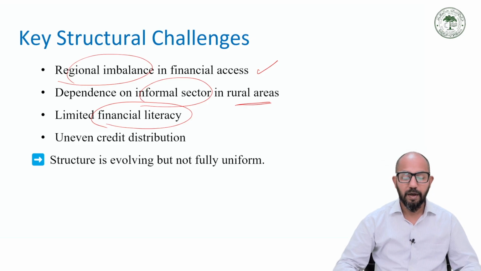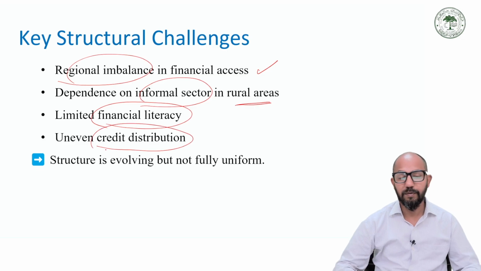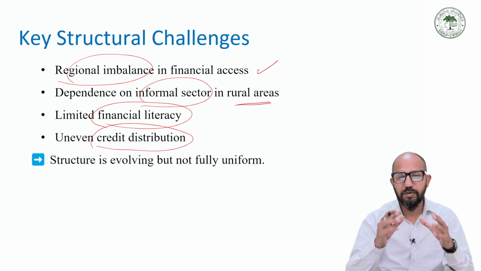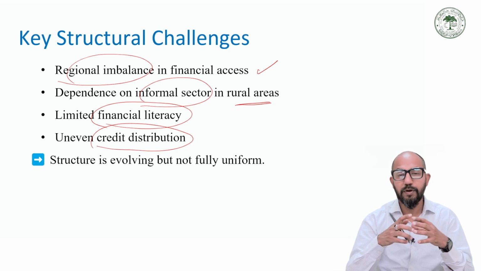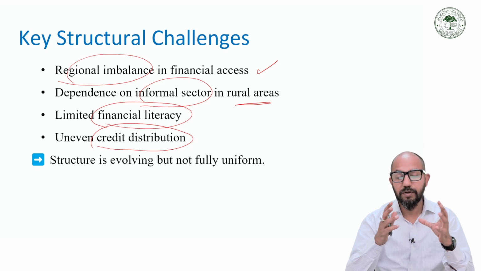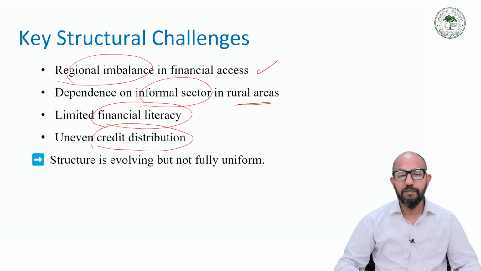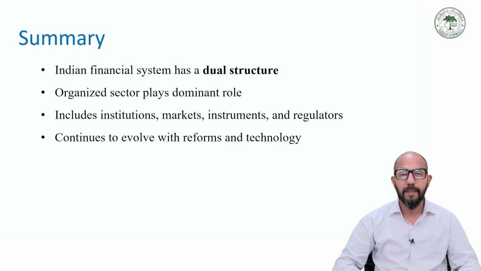Another important challenge is uneven credit distribution. All these key structural challenges are very important to be looked at for the good future of the Indian financial system. But remember that the structure of the Indian financial system is evolving and not fully uniform, neither is it static because it works according to time and situation.